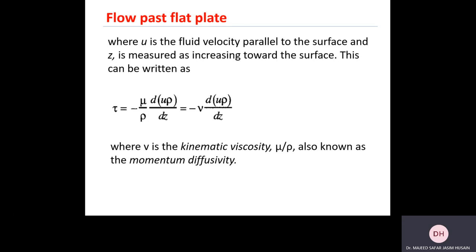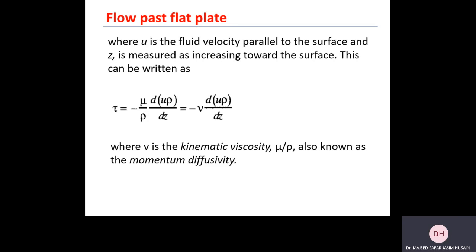So viscosity divided by rho, and we are assuming that this rho is constant. This is the reason it has gone into the derivative term. So then this is equal to minus v multiplied by the derivative term.